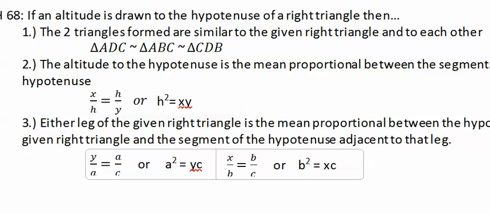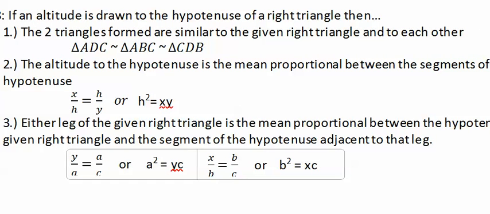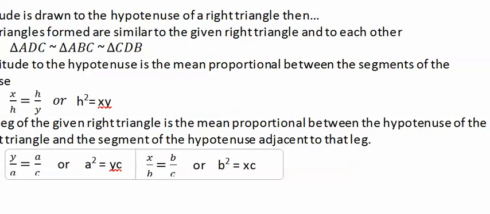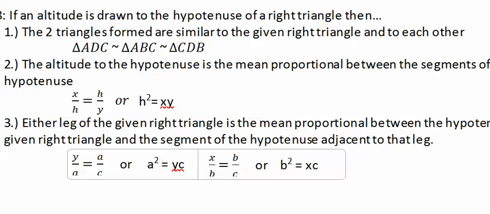So x over the altitude equals the altitude over y. And then finally, either leg of the given right triangle is the mean proportional between the hypotenuse of the given right triangle and the segment of the hypotenuse adjacent to that leg. And you can see that as a setup right here.